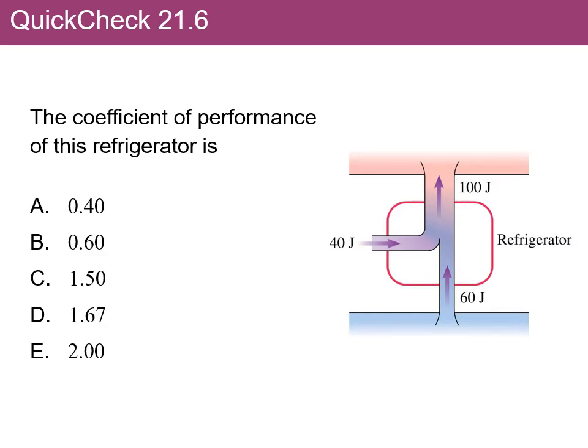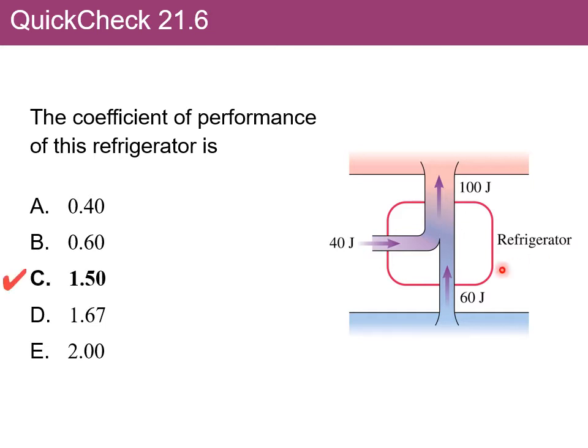We examine a refrigerator in which 60 joules is extracted from a low temperature reservoir when 40 joules of work is done on the system and 100 joules of heat is expelled into the high temperature reservoir. What is the coefficient of performance for this refrigerator?